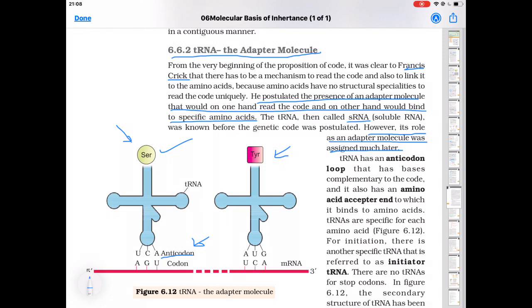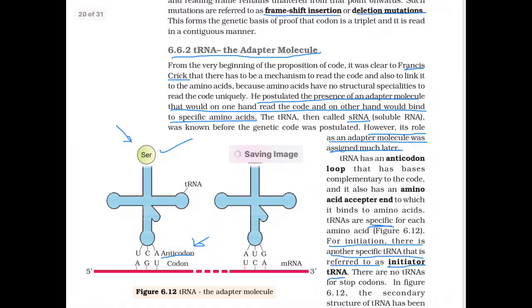tRNAs are specific for each amino acid. There are different types of tRNA and each tRNA is specific for one amino acid. For initiation, there is another specific tRNA that is referred to as initiator tRNA. The initiation code is AUG, so there is one initiator tRNA also.